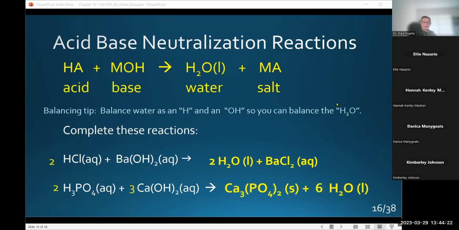So with respect to an acid-base reaction, to balance them, follow the protons and the hydroxides. Get those balanced, and the corresponding salt, once you write them in ionic form, will balance themselves by default. Okay?